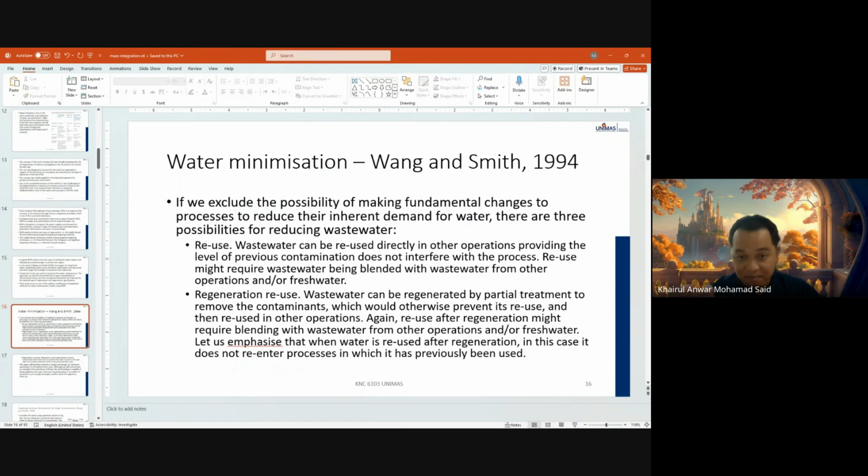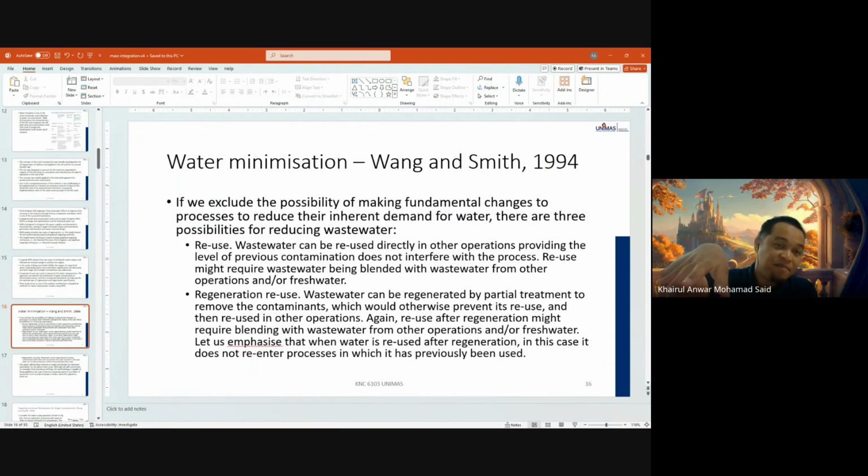So regeneration reuse and regeneration recycling, if you compare, what is the difference? For regeneration reuse, you take that wastewater, partially treat it, and use it in a different process, still within the plant, but a different process.